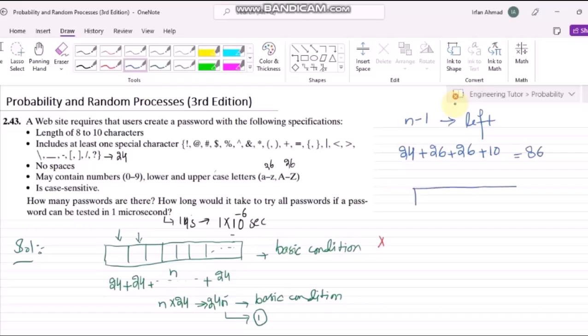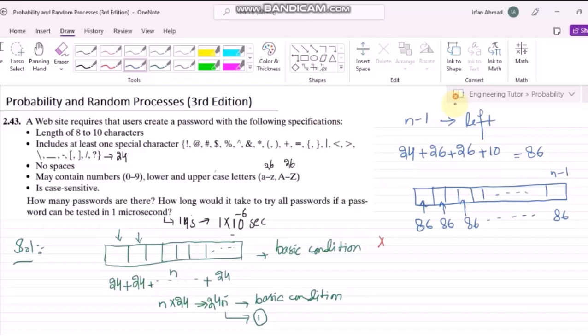So I can have 86 characters. In these n minus 1 slots, in each slot how many possibilities of the characters will I have? Here 86, here 86, here 86, and up to this one. So this is also the sampling with replacement task, where any of the 86 characters can be used here, and so on for each and every slot.